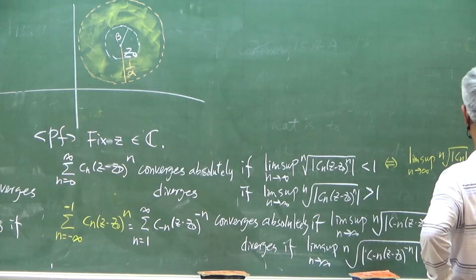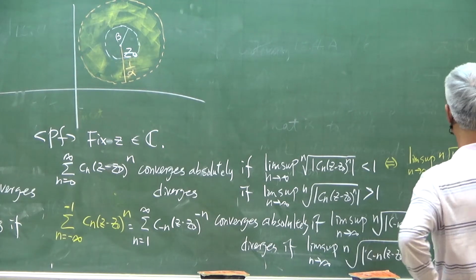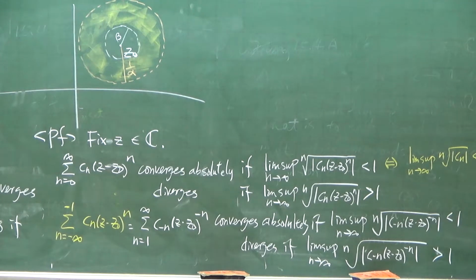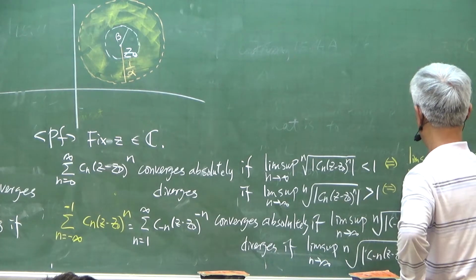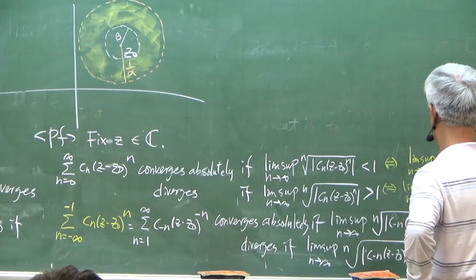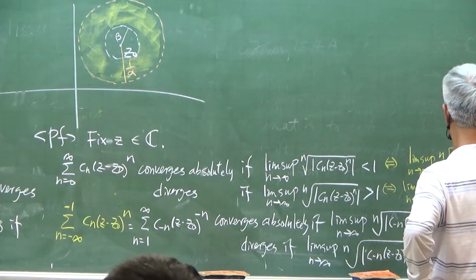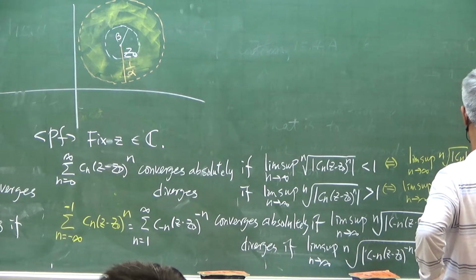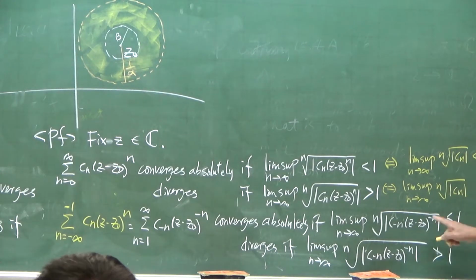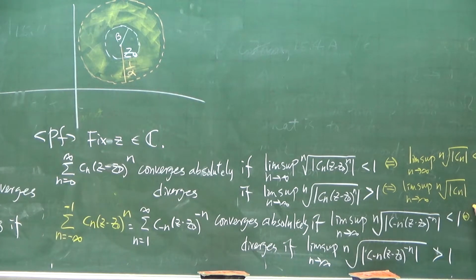1 over, as before. Okay? How about this one? And this is going to the limit, as n goes to infinity, of the n-th root of |c_{-n}|, which is less than |z minus z0|.